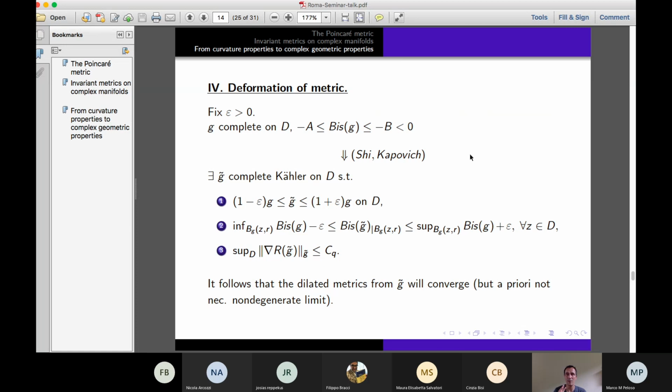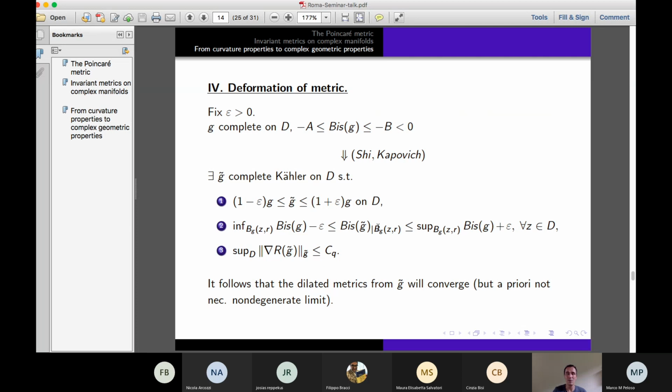This is a manifold case, but it works here in the case of our domain D. The deformed metric is very close to your previous metric on the domain, so that's why you fix some epsilon. You can do that for any prescribed curvature, in fact. And the bisectional curvature is sufficiently close to the bisectional curvature of the original metric.